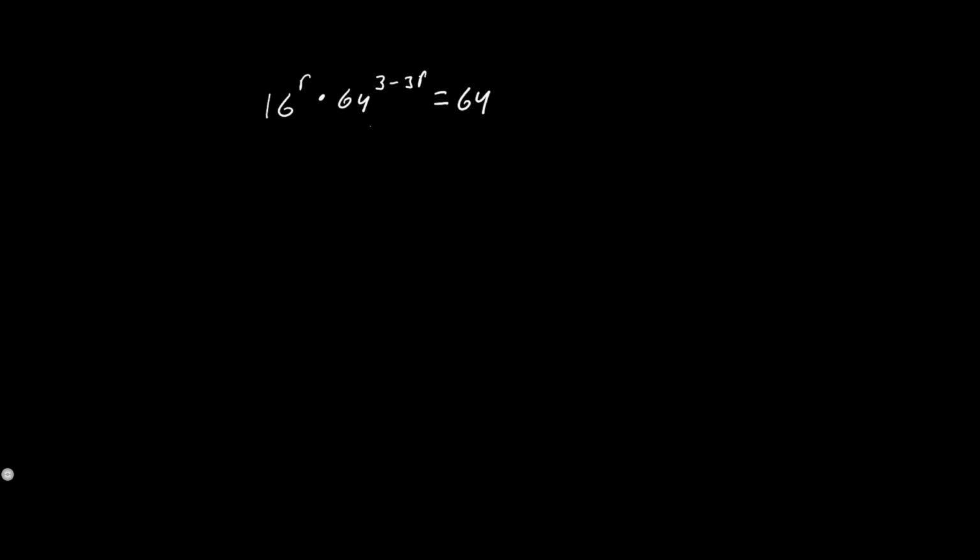So here we can go ahead and convert everything into a perfect square or cube, since we have 4 squared is equal to 16 and 4 cubed is equal to 64. So let's use this conversion on our equation.